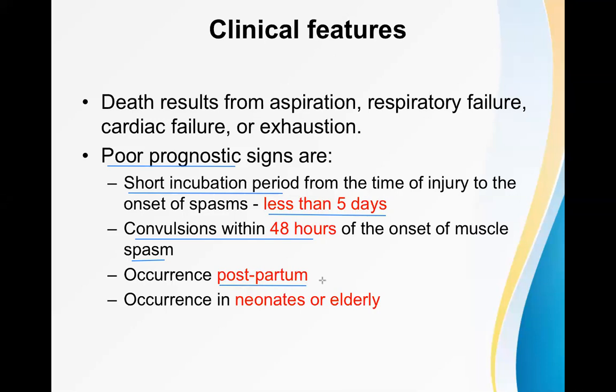But some of the examiners will be particular about till what time. You mention 6 weeks from the birth of the baby; till the 6-week period is called the postpartum period in that lady. It's not called the postpartum period for the baby. Please remember that for that lady it's a postpartum period. And another one, occurring in the neonate or elderly people, is also a poor prognostic sign. Neonatal tetanus can still occur, or is still occurring, over the world.